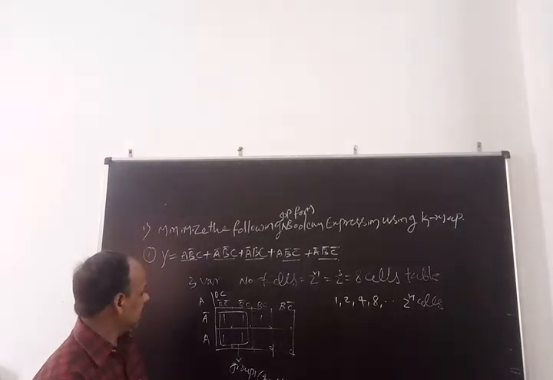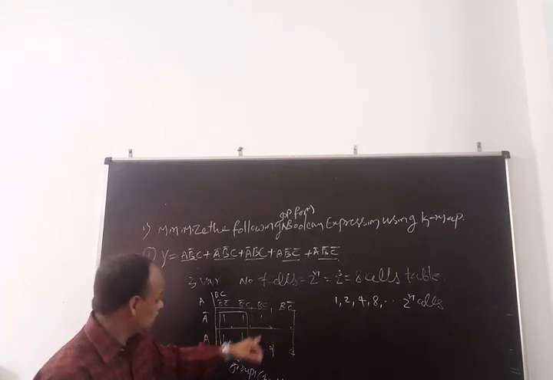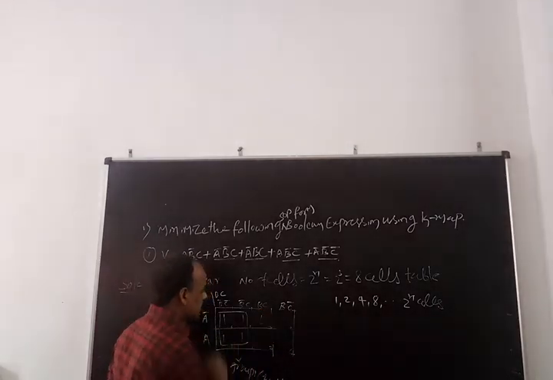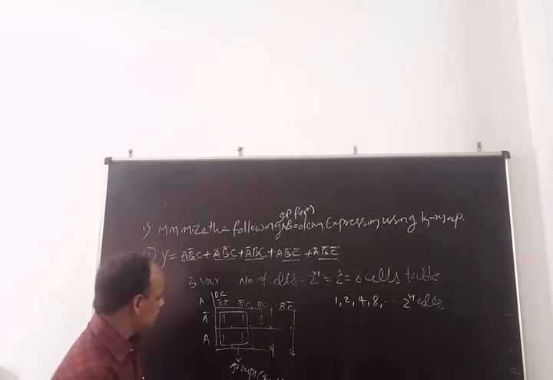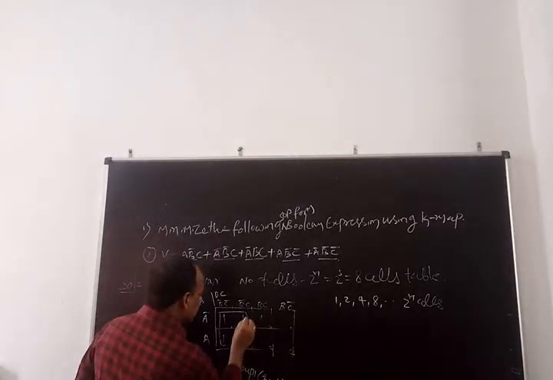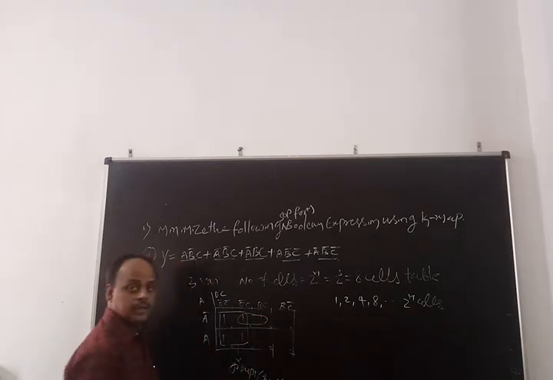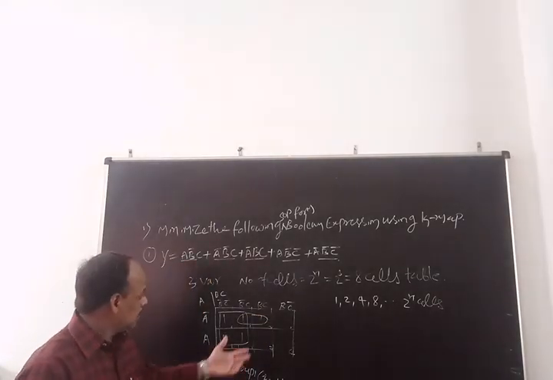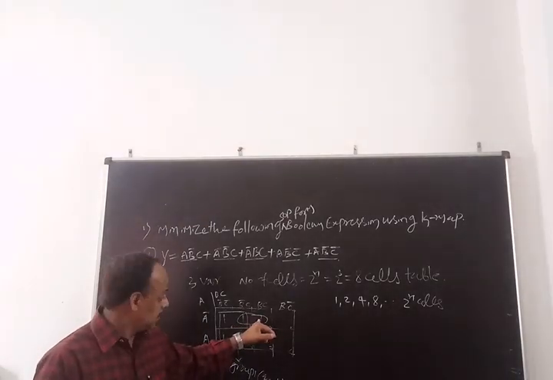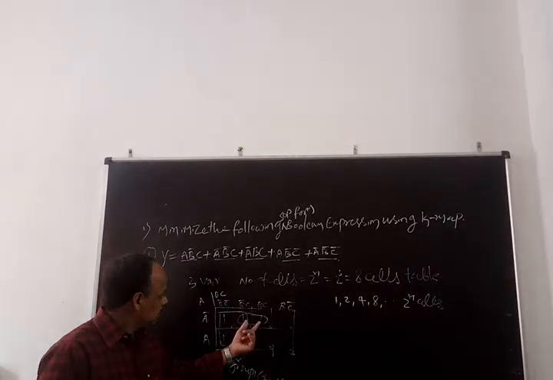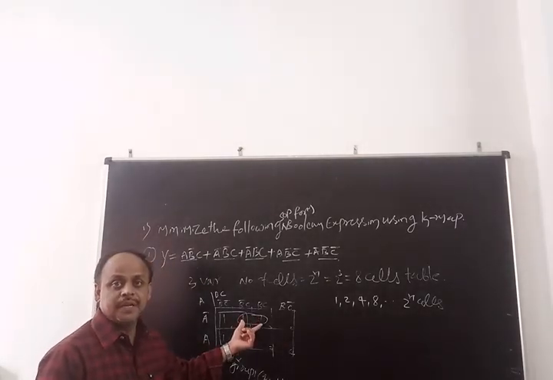Next, remaining ones means only 1 left. So don't make group of single ones because overlapping is allowed. So this is grouped with this one. If we consider this as single one, now if overlap is allowed, it becomes pair.